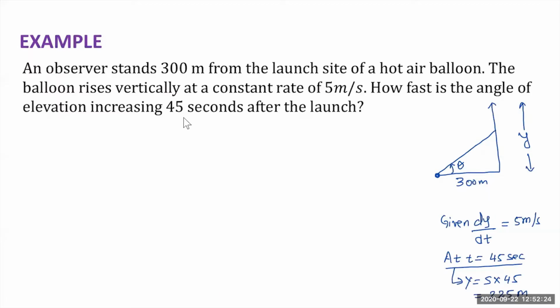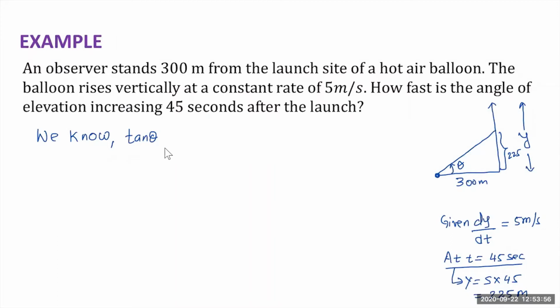So at 45 seconds, the height is 225 meters. At this time, when the height is 225, we have to find the rate at which the angle is changing.